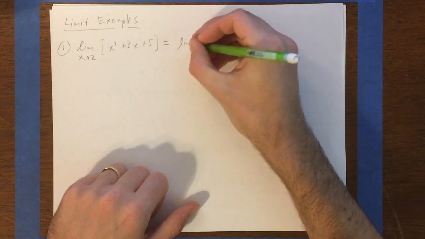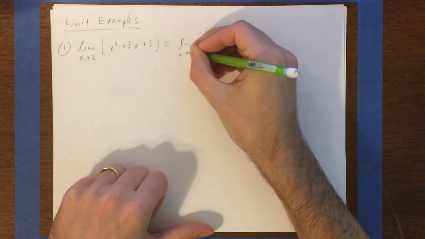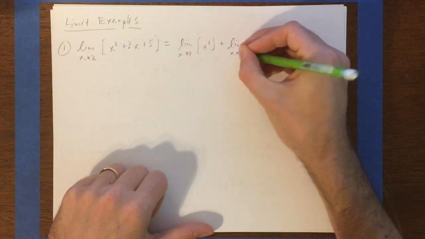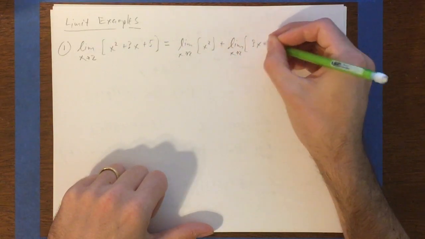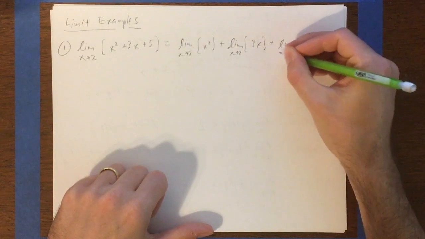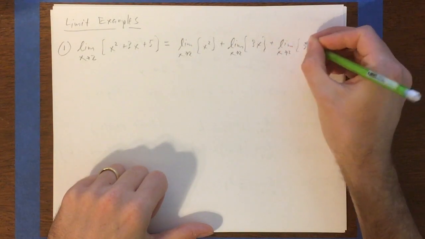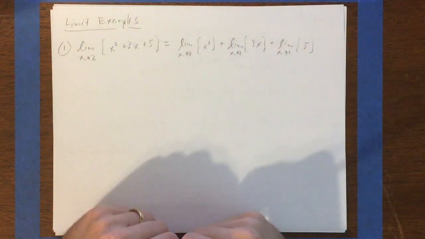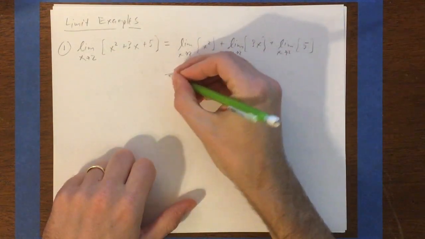So we can rewrite this as the limit of x squared, plus the limit of 3x, plus the limit of 5. So that's by the sum rule. We have the sum and difference properties, which we introduced earlier.